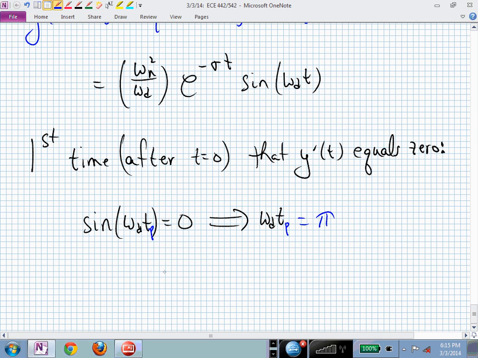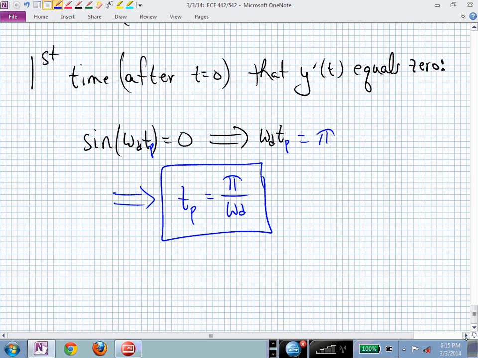And now I can solve that for my peak time. My peak time is now pi over omega sub d. So if I say, give me an expression for the peak time, that's now just pi over omega sub d.